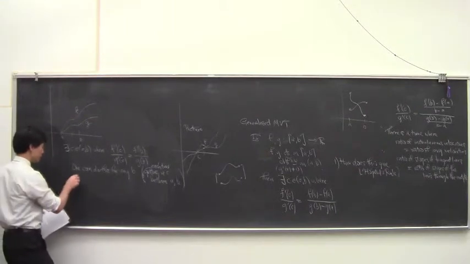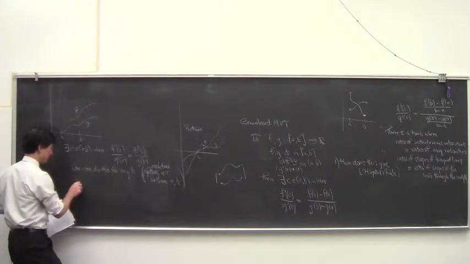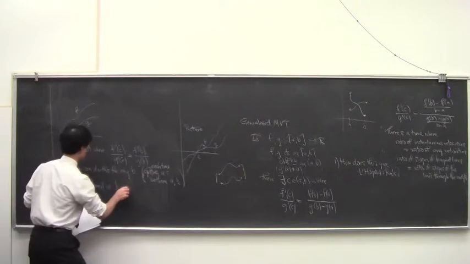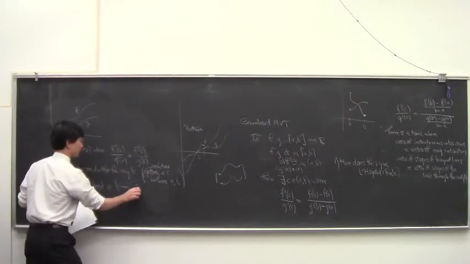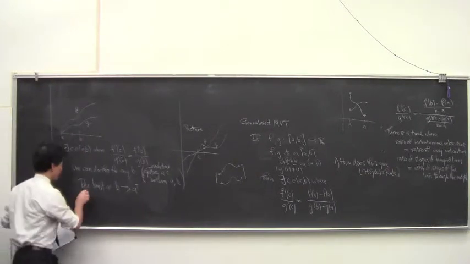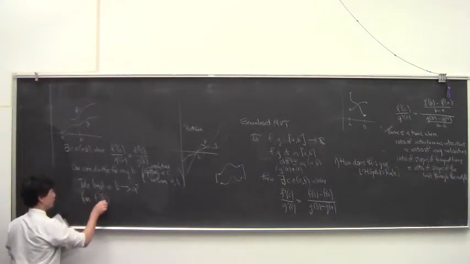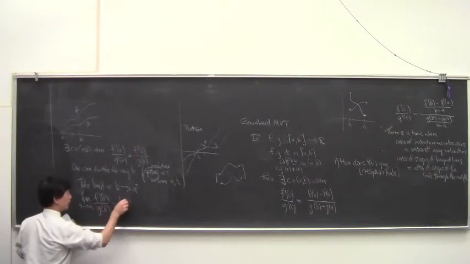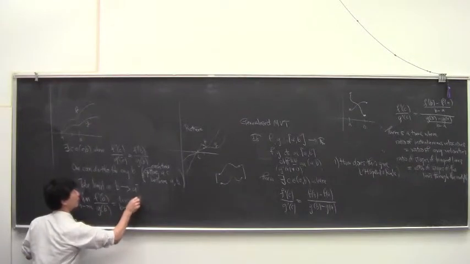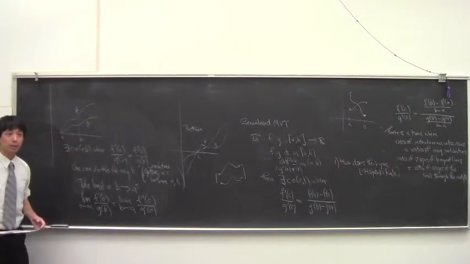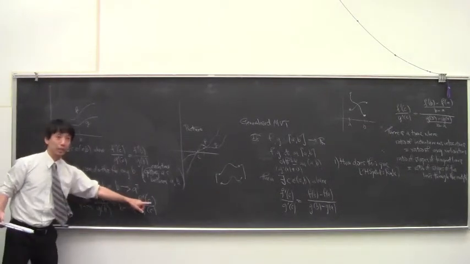So what you do is then just take the limit as b goes to a from the right hand side. Let b squash into a. The limit of f of b over g of b as b goes to a is the limit of f prime of c over g prime of c as b goes to a, where the c is changing each time.